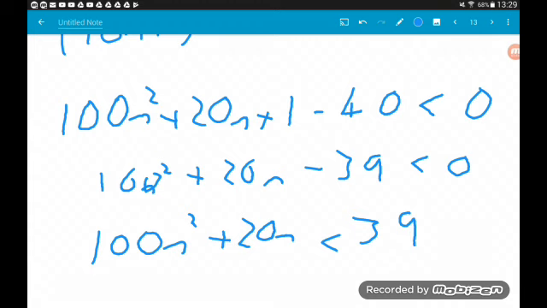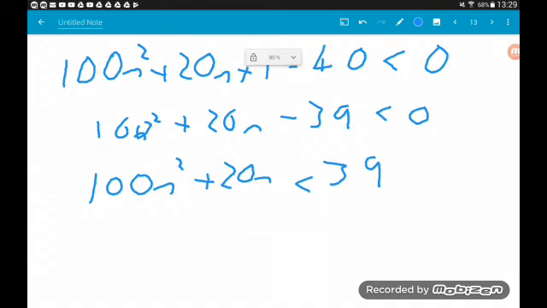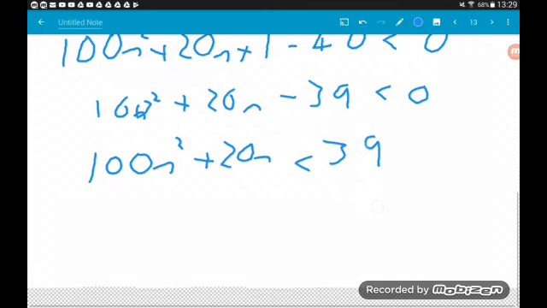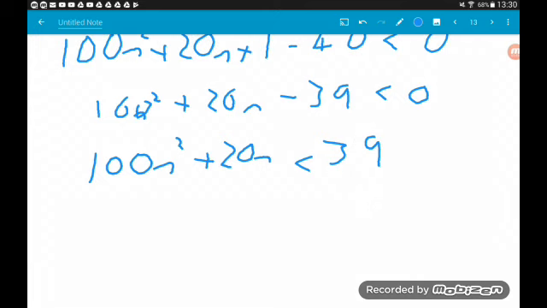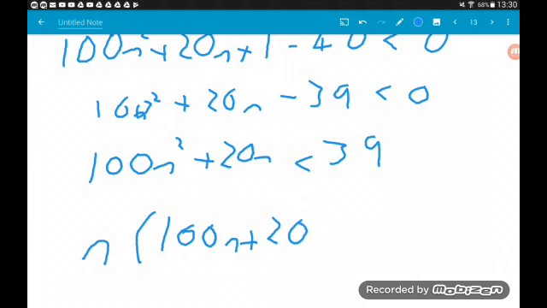39 times. Now on the left, can we factorise it too? Yes, we can. Also good times. So we could first of all factor out an n. So we got n lots of 100n plus 20, like that. Now that is less than 39.